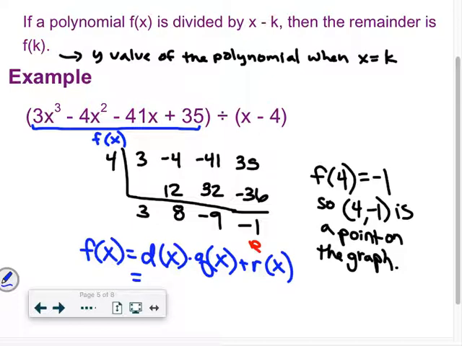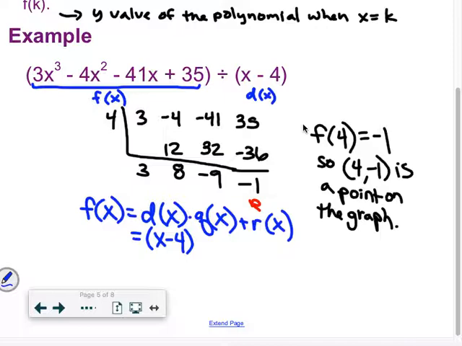It's equal to your divisor, which is x minus 4, times your quotient. You get your quotient down here in your synthetic. That's the terms that don't include the remainder.